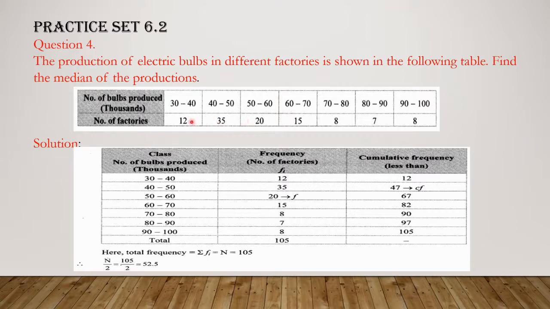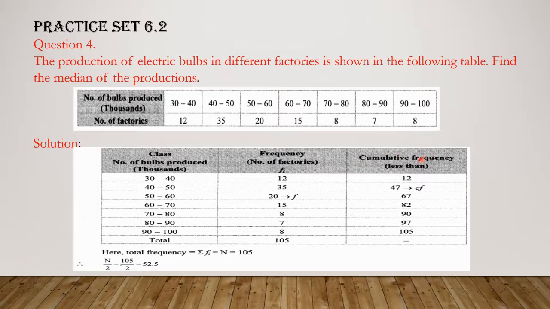First, we have to make the cumulative frequency distribution table. There we need 3 columns. The first column is the class that is given, the second column is the frequency Fi that is also given, and next we find the cumulative frequency, less than type, that is the third column.